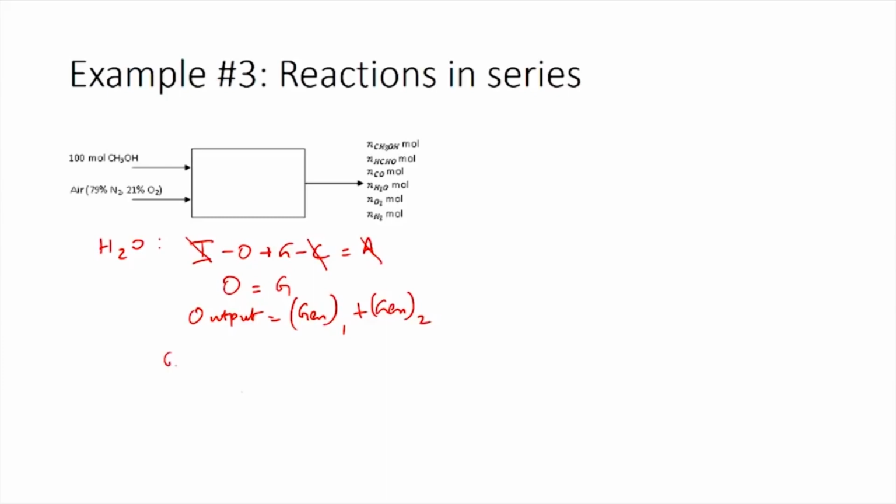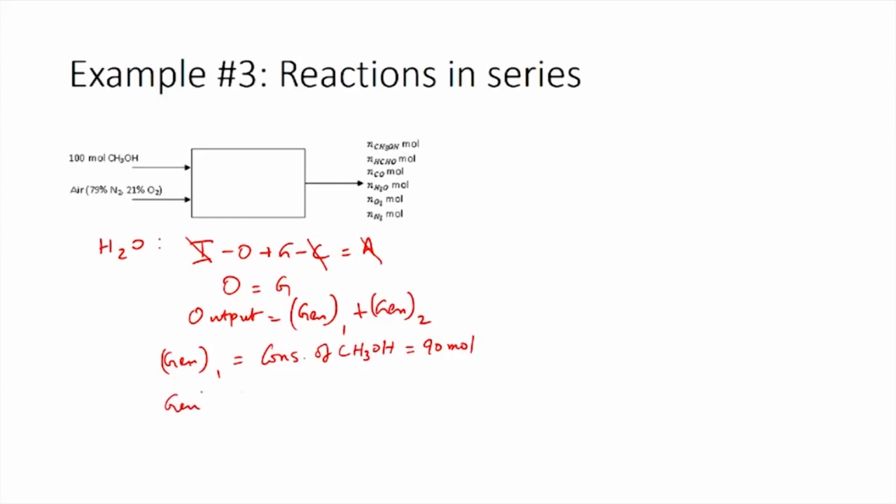So, generation of water in reaction 1 would be equal to the consumption of methanol in reaction 1. This is based on stoichiometry. So, we know that the consumption of methanol in reaction 1 is 90 moles. So, generation of water in reaction 1 will also be equal to 90 moles.